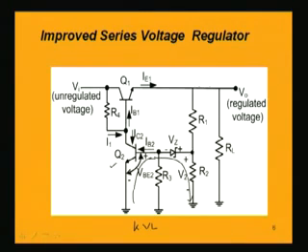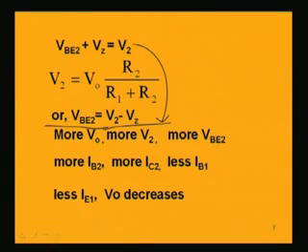So if the base emitter voltage is more, this transistor Q2 will have a more base current IB2. So IB2 will be more, and IB2 being more means the collector current IC2 is also now high. So transistor Q2 has a higher base current as well as a higher collector current.